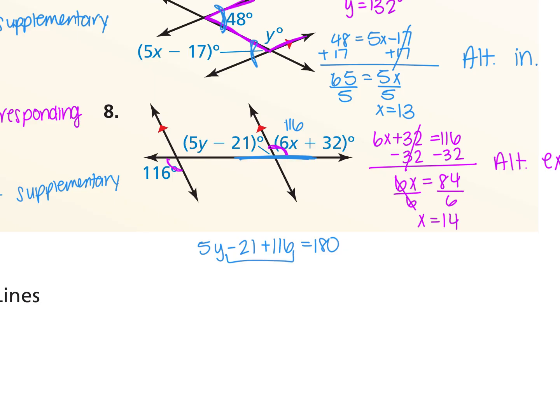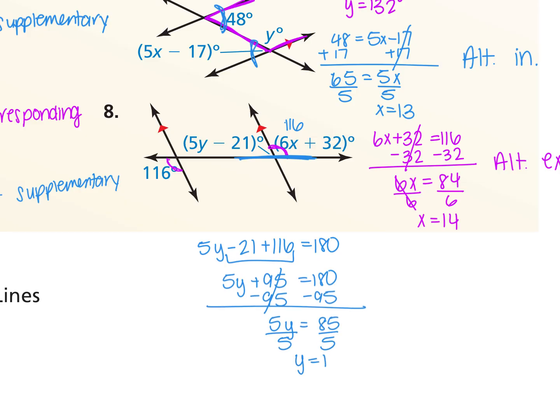So solving these two together, I'm going to get 5y plus 95 equals 180. Subtract 95 from both sides. 5y equals 85. Divide both sides by 5. Y equals 17, and again, they're supplementary.